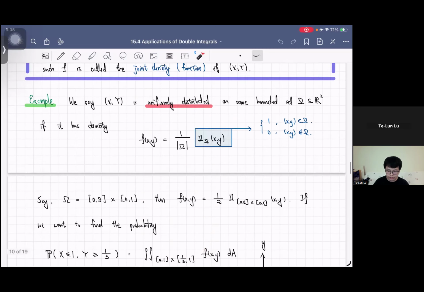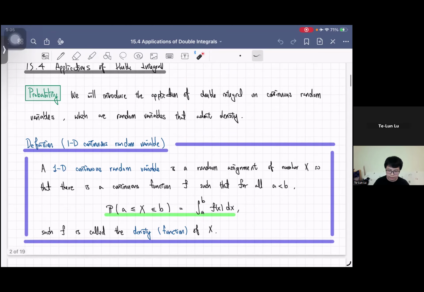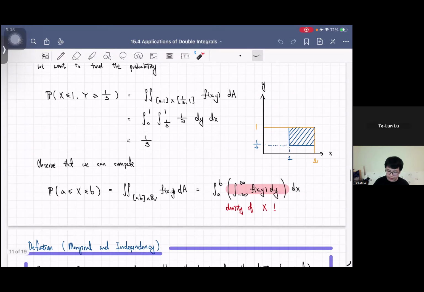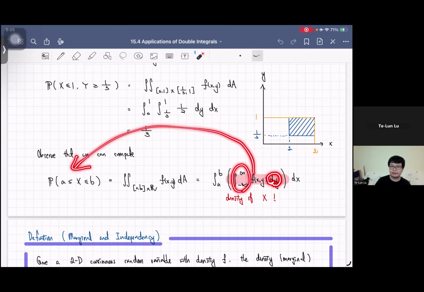Because we've seen previously that the definition of density is some function such that for every a and b, you can always find the probability of X within a and b by integrating that function from a to b. And this is indeed what we want, right? In this case, this is the f of x that we want. So by integrating over y on the whole real line, you get back the density of x. And the same thing works vice versa.